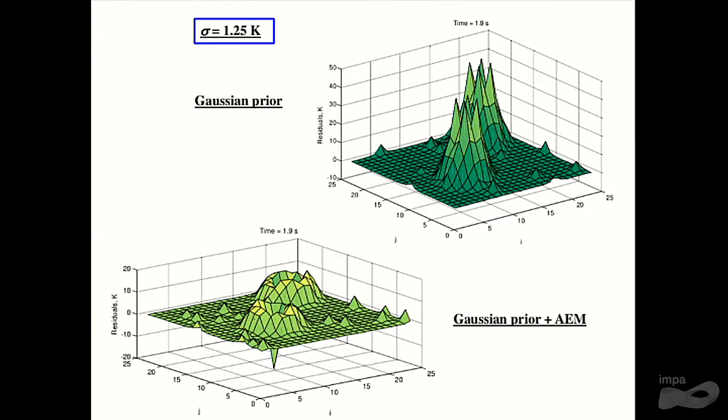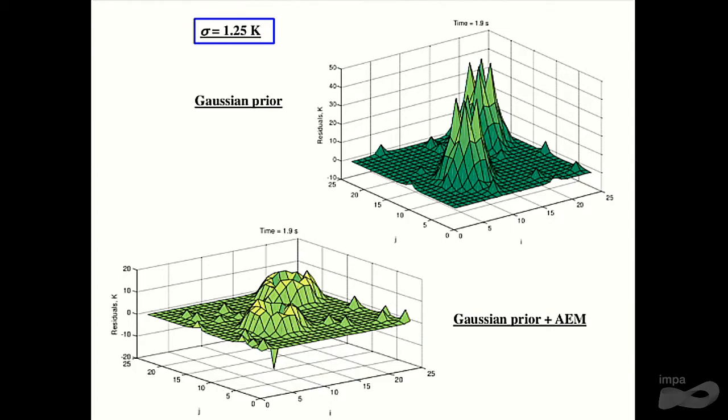These are the residuals we would get if we had only replaced the complete model by the simplified model, where we have residuals of the order of 40 K, as we have seen before.